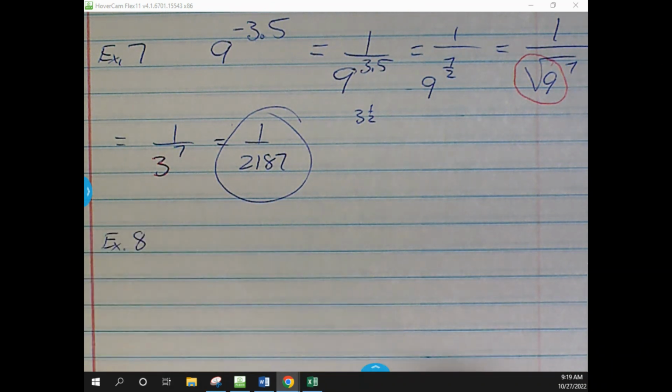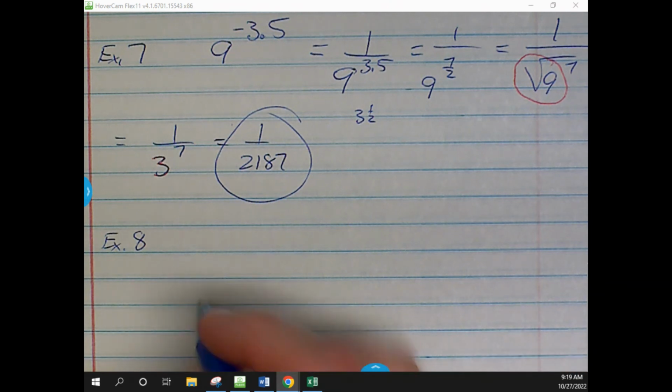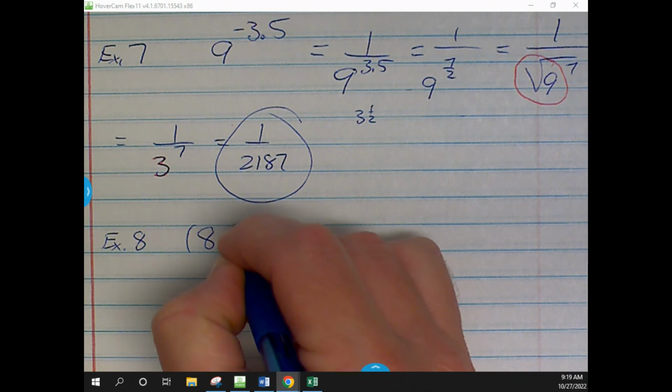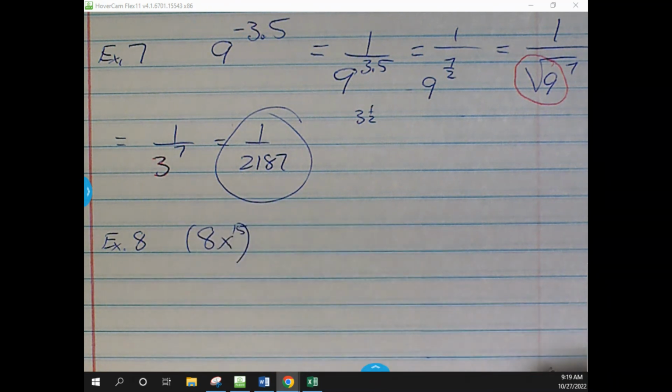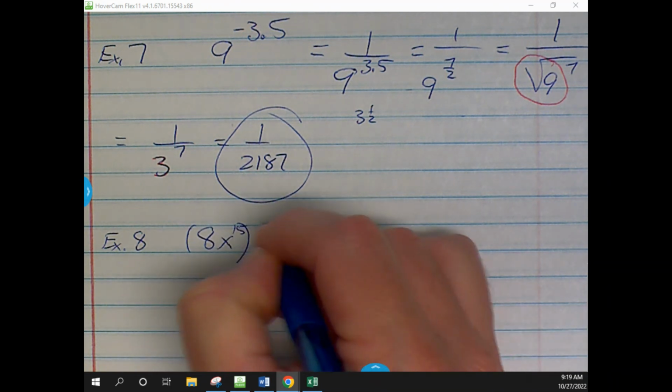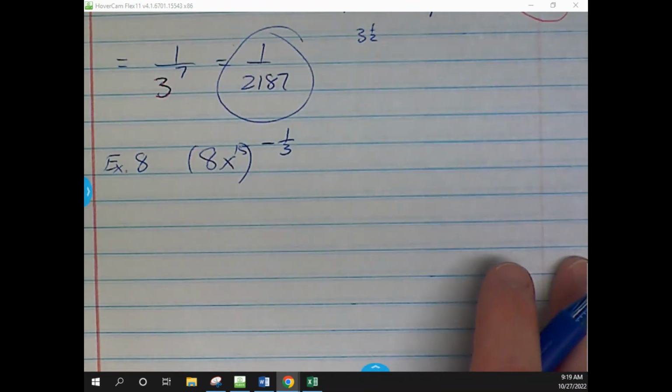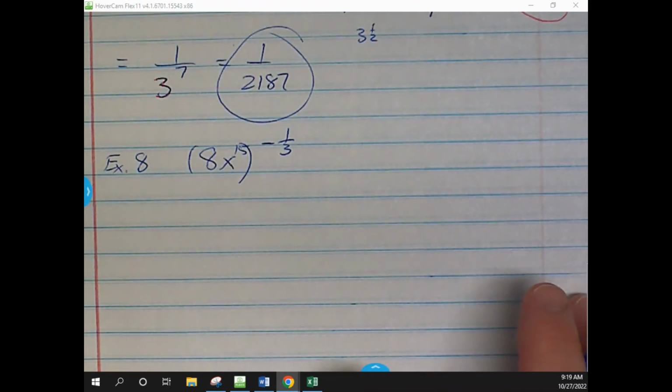All right, 2 more, and then we're done. So let's go 8x to the 15th power. Let's make that to the negative 1/3 power. Is that like the whole thing, x to the 15th or just that?